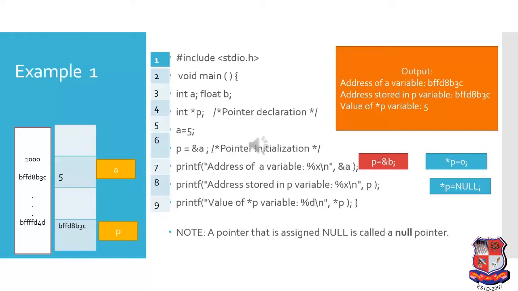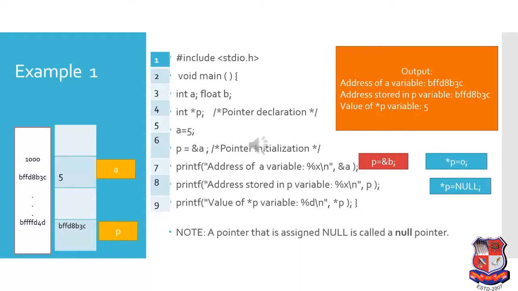It's a hexadecimal number. Normally the memory addresses are very large, so we represent them using hexadecimal notation. Clear? So what will be displayed if I am writing &A? The output will be the address. You can see it in the orange box in the slide.